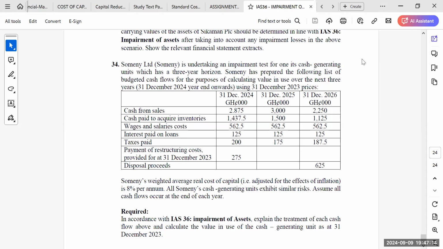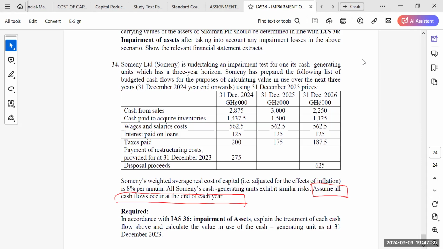Even if the last statement is not given to you, please note cash flows are expected to be arising at the end of each year. So if you are at the beginning of 2023, it means that you are expecting to get this money at the end of 2023. So the cash flows are expected to arise one year in arrears.